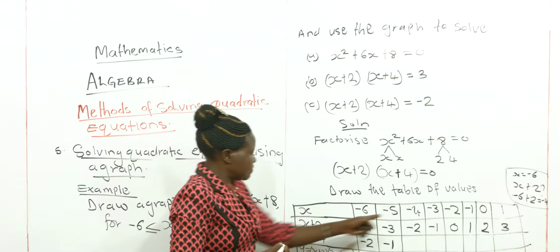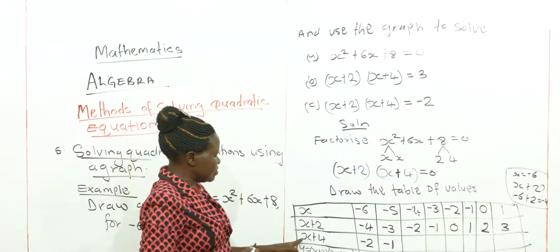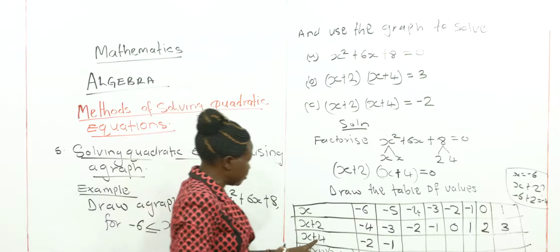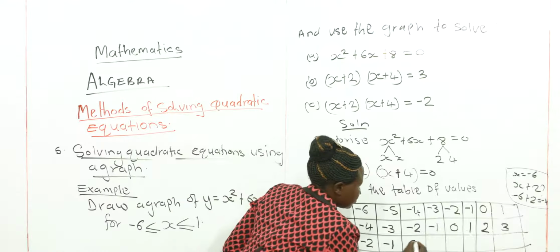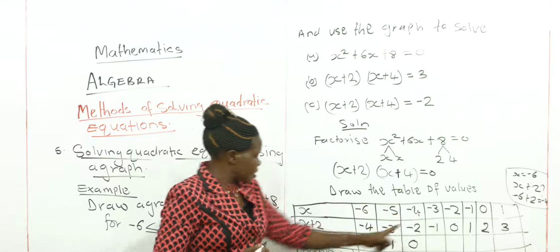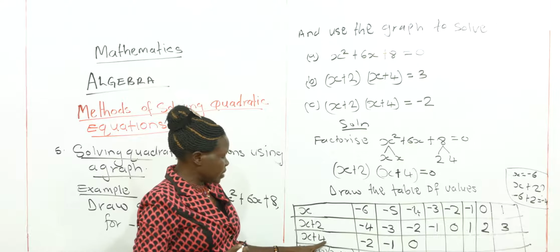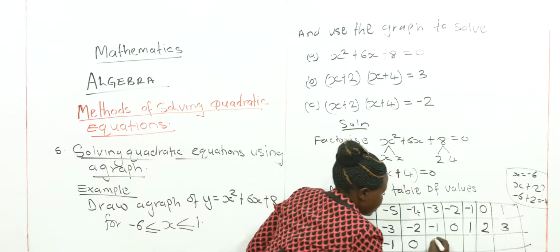And then if x is negative 4, what will happen? Negative 4 plus 4 will give us 0. And then when x is negative 3, we get negative 3 plus 4, positive 1.